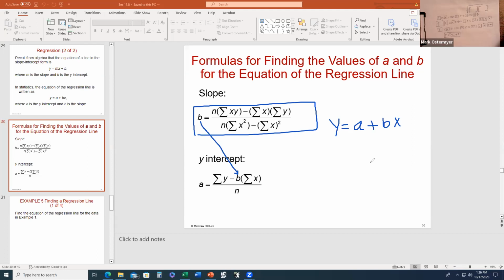And I will probably take a picture of them on my phone too, because I'll have them handy. You don't have to memorize these formulas, ladies and gentlemen, but you need to have them handy. When you go to do Alex homework, quiz, or exam, make sure you have these formulas handy. And you can also have an example right next to them, so that it will help you to maybe do a problem or two on Alex, okay?